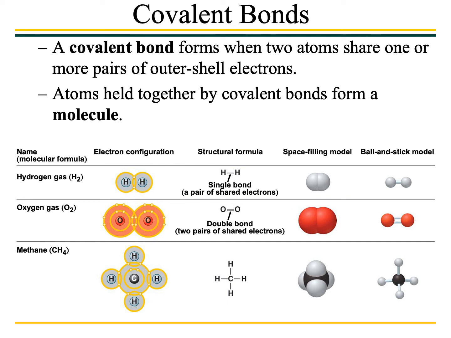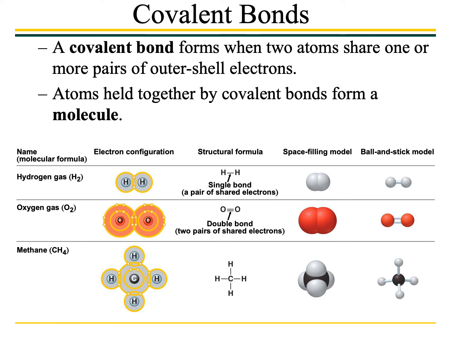All right, so let's look at the figure that you see on this particular slide. This figure has a lot of information in it that I'm going to go through. There are the electron configurations of these molecules that you see in the first column. We'll talk about that in just a minute. Then you have what's known as the structural formula. This gives you some indication of how the atoms interact and what type of bonds are present.